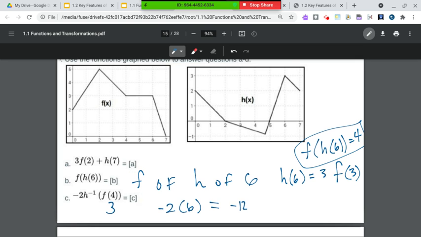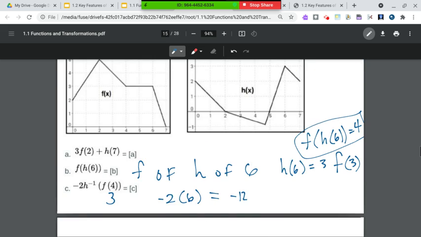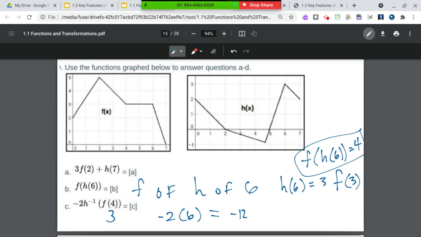How are you feeling? Okay? Yeah. So for the last one, where did the 3 go? Okay, so we did f of 4 was 3. Step 2, we did h inverse of 3. And we said when y is 3, you said it's 6.